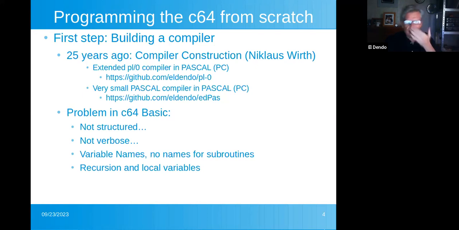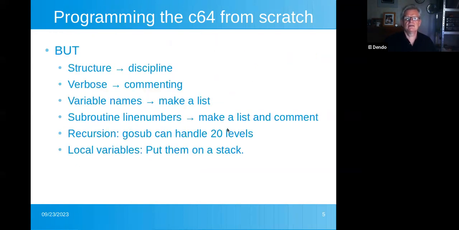So I thought to do it another way, but no, I don't want to give up. I thought about it, and it is very possible to do it. After all, BASIC is not a structured language, but we can work in a structured way. The only thing we have to do is have some discipline to keep the structure. Verbose: well, we have to comment. Variable names: make a list with pen and paper of all the variables you use.